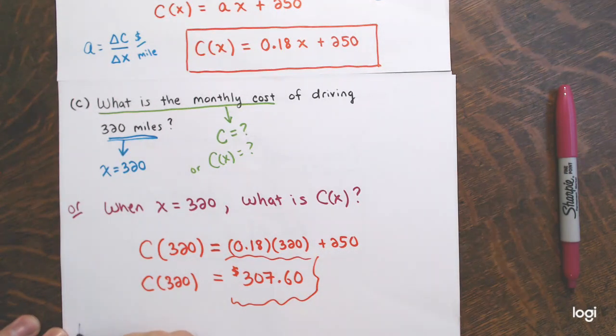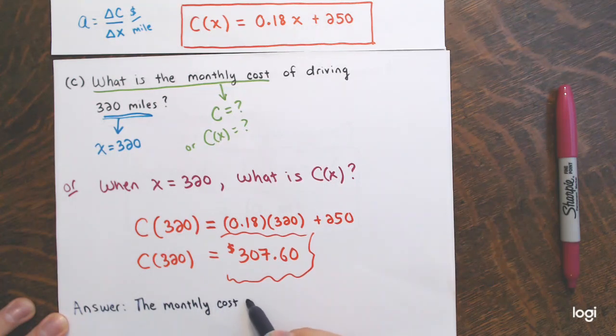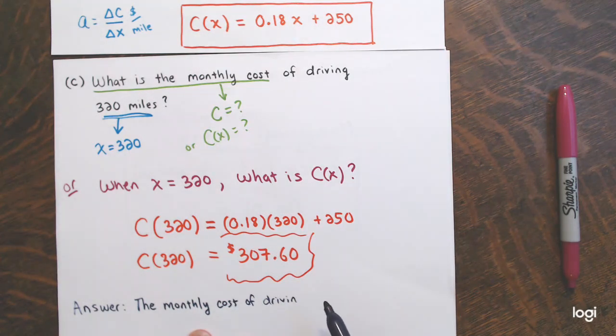The way I would answer this question is: the monthly cost of driving 320 miles is $307.60.